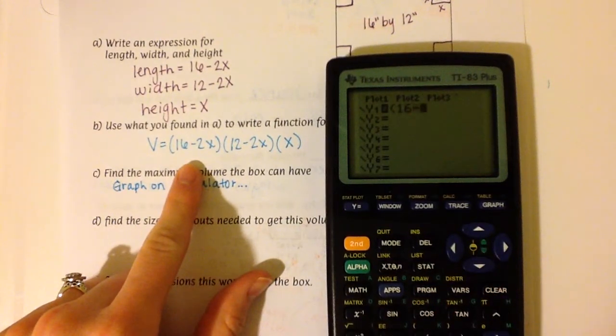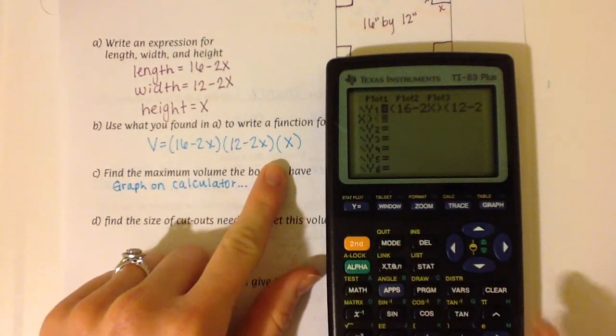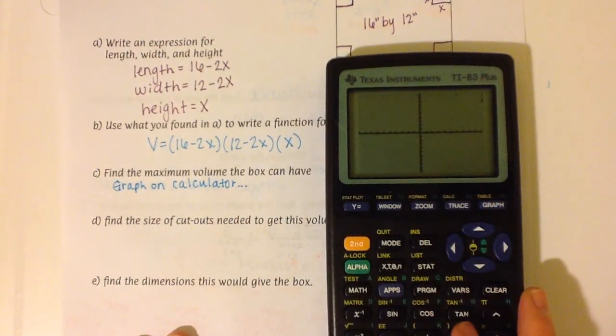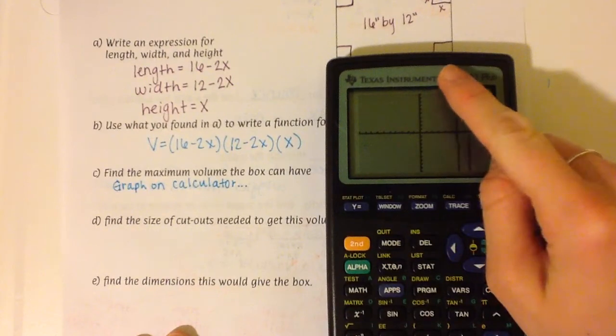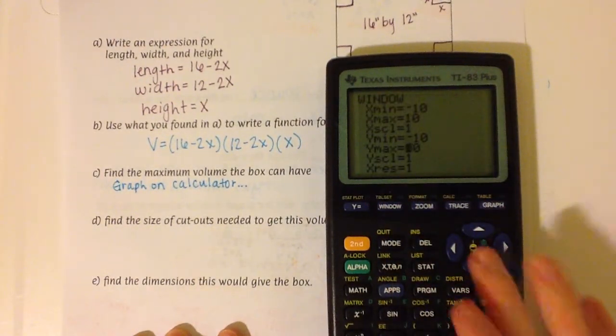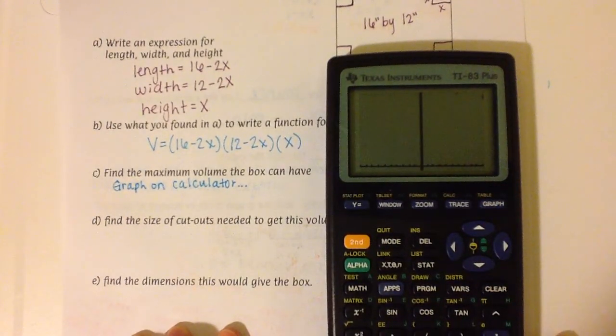So we have 16 minus 2x times 12 minus 2x times x. And I'm going to hit zoom 6, but we're not going to be able to see it, so we're going to make our window go up so we can see the point up there. So I'm going to make my y max 200. I'm going to hit graph.